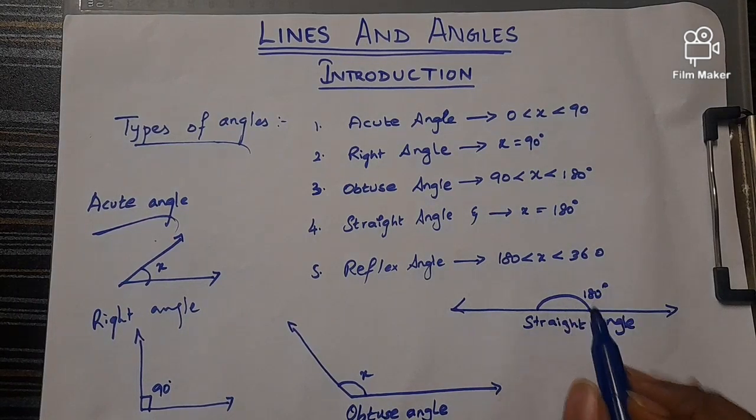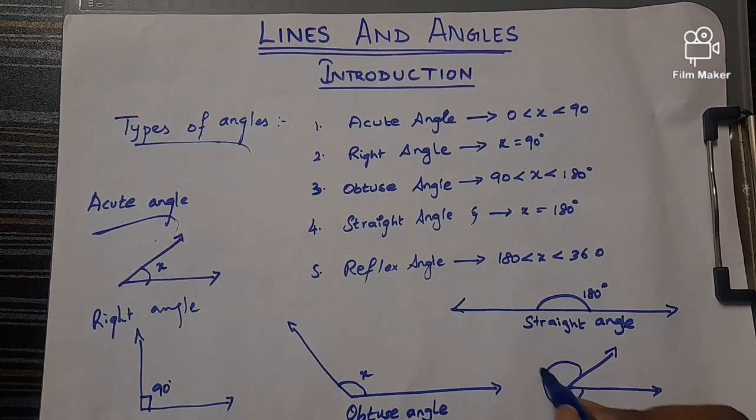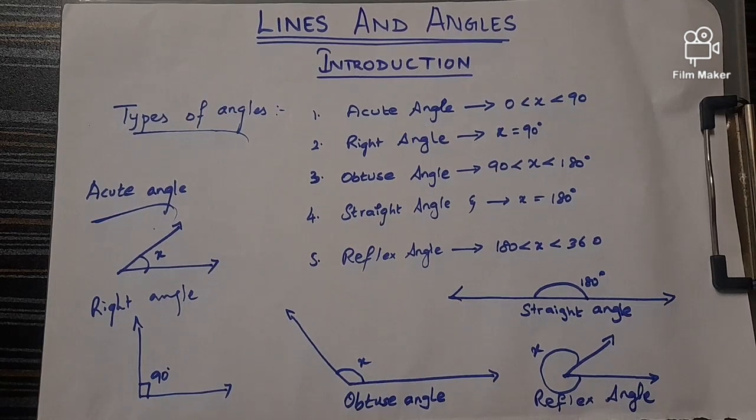At last, your reflex angle looks the same as an acute angle, but the acute angle's x will be over here and the reflex x will be over here, right? So this is your reflex angle. This is a basic intro to the types of angles to be known for your lines and angles chapter. There are a few more terms to be known, which will be very helpful for you to ace your exercise problems. Now we will see that.